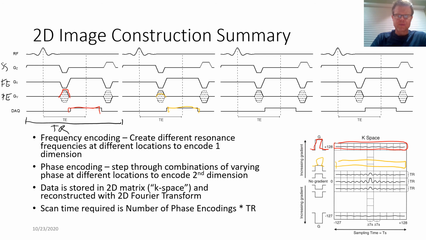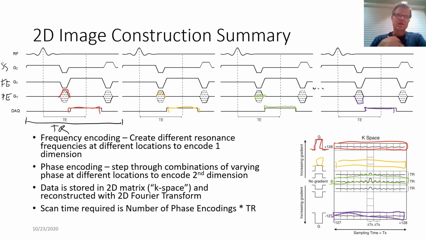Importantly, we could acquire the data with no phase encoding gradient for 1 TR. That's going to be put in the central line of our K-space here. And then let's just say eventually we get down here to doing a large negative phase encoding gradient, and that's going to fill out the other edge of our 2D data matrix, which is our K-space. We'll continue to look at the concept of K-space and build this up over the coming chapters.